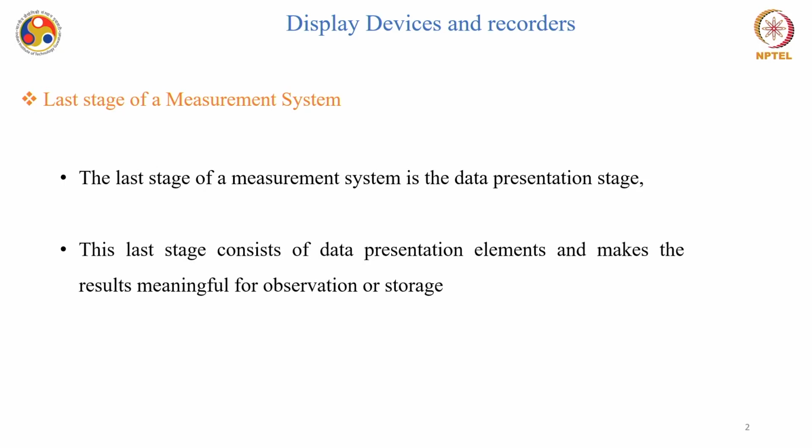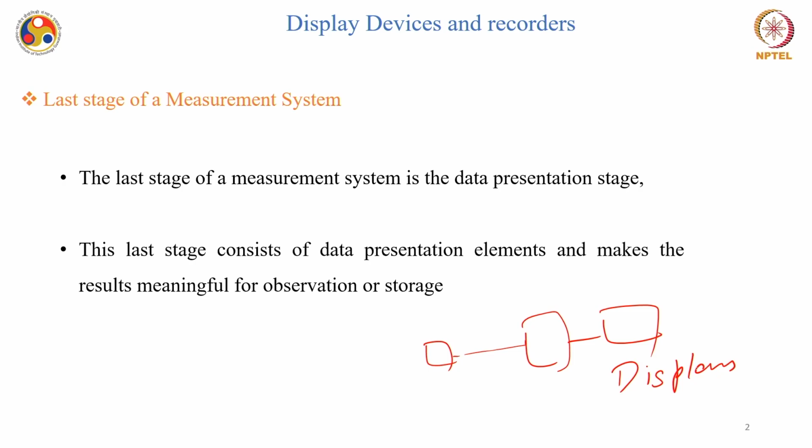Because here you will see the data that you have already acquired, maybe in continuous form or maybe for the instantaneous part. For example, say you are acquiring temperature every 1 second with the data acquisition system, and at the end you have this display device.